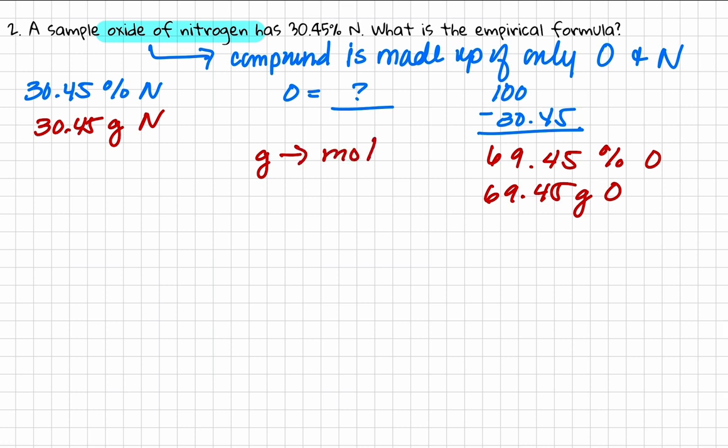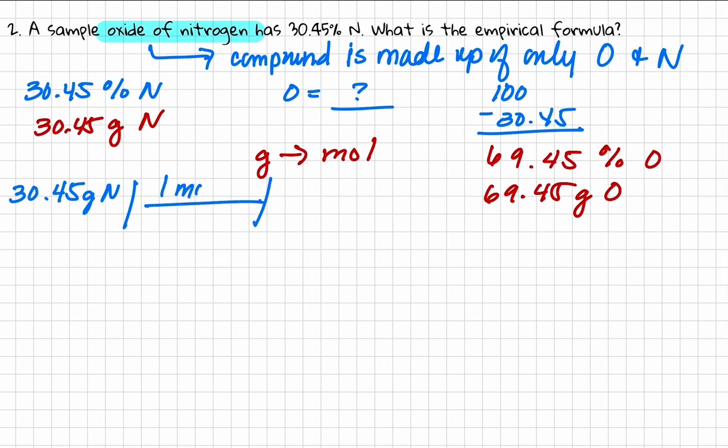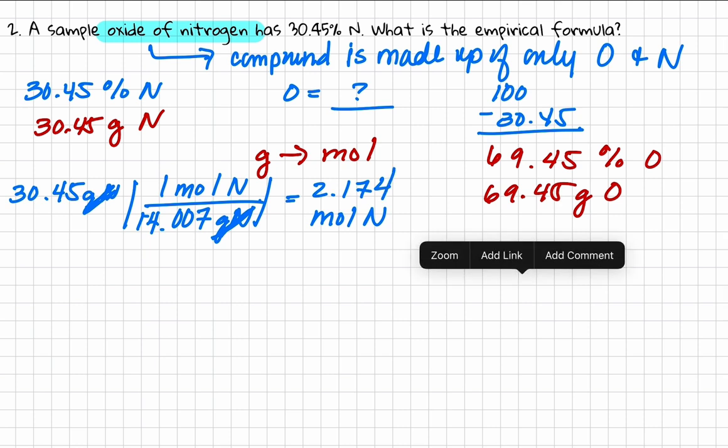So let's start with nitrogen. 30.45 grams of nitrogen. We're going to change that to moles of nitrogen. From the periodic table, the bottom is going to be 14.007 grams. Cancel, cancel. Answer from the math is 2.174.